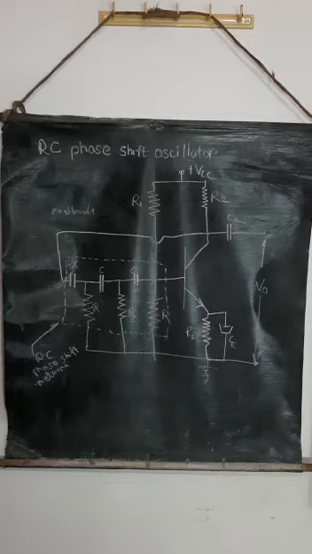The frequency of this oscillator is given by f is equal to 1 divided by 2 pi RC into root of 6. Okay, now we will see some advantages.